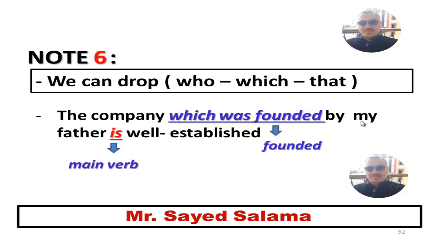Another example: the company which was founded by my father is well established. Which was founded. Passive. I remove all of this and keep only the past participle. The company founded by my father is well established.